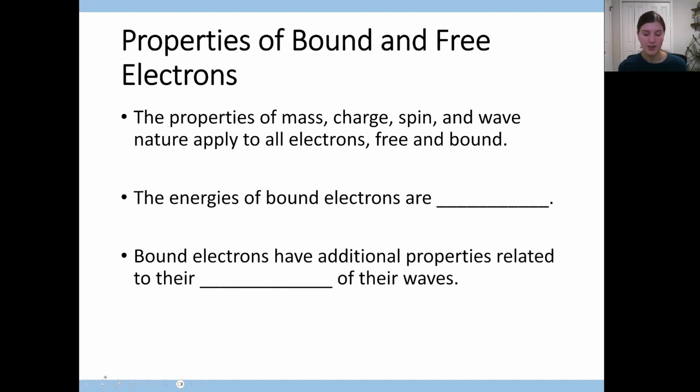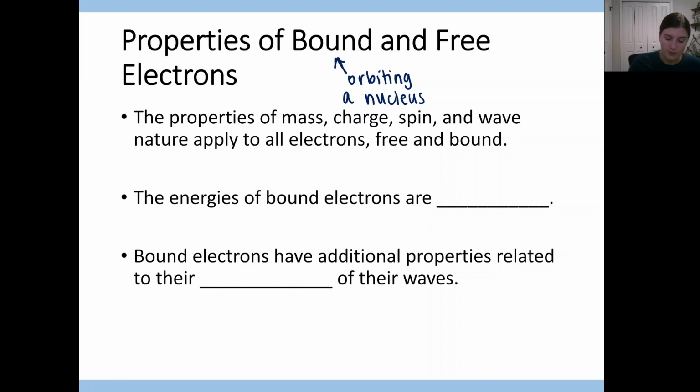The properties of mass, charge, spin, and wave nature apply to all electrons, free or bound. Bound meaning it's orbiting the nucleus of an atom. Free electrons are not orbiting a nucleus.